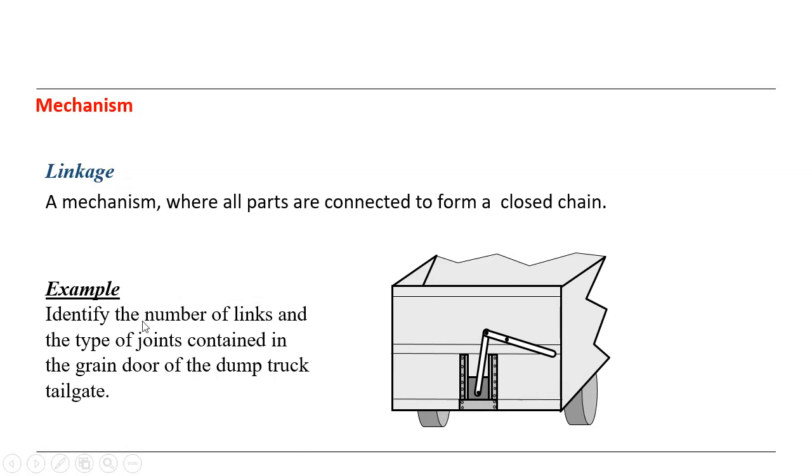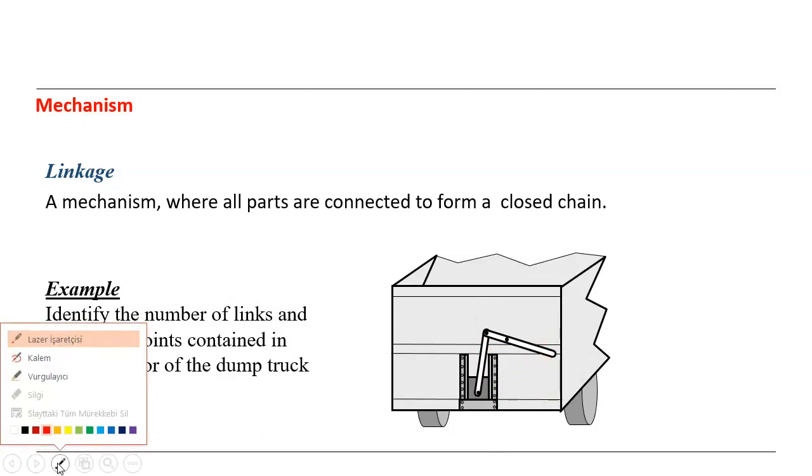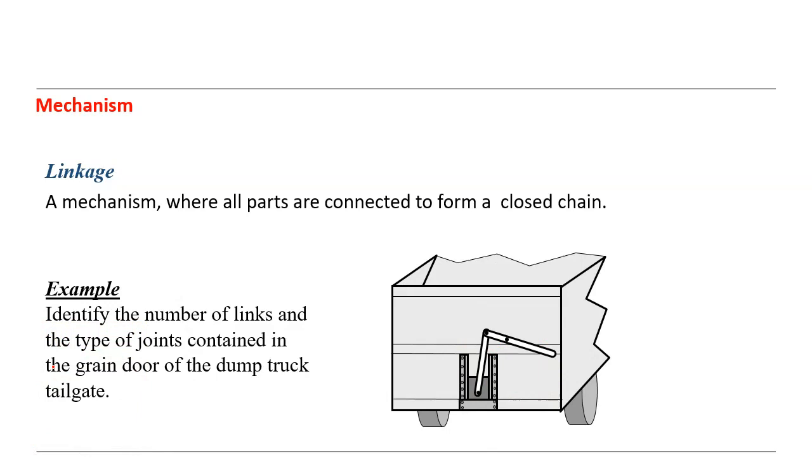So here we have an example: identify the number of links. There is a mechanism you see. Let's use the laser pointer. With this mechanism there is a door, like a small door, we can open and close. Or let's say if I use the column here, we can move it up and down, in that direction or in that direction.